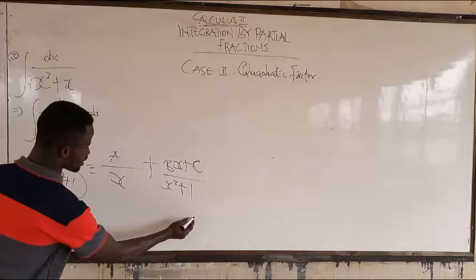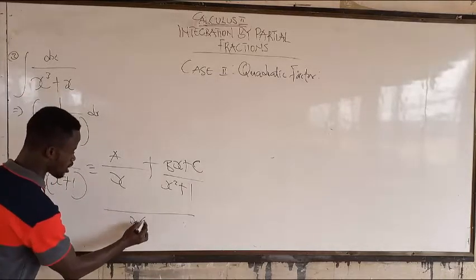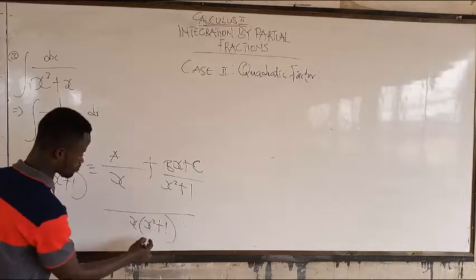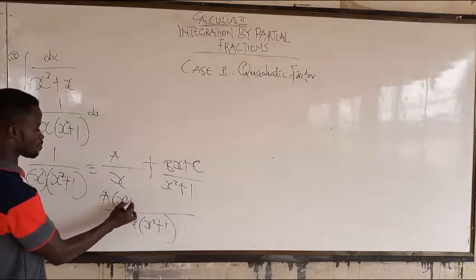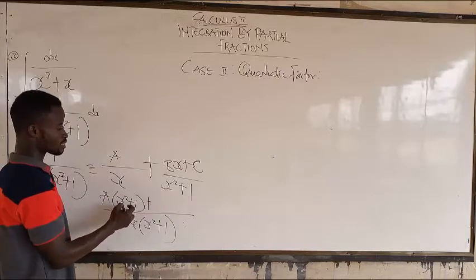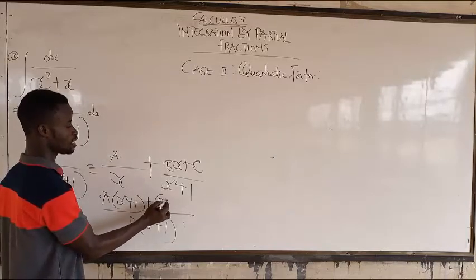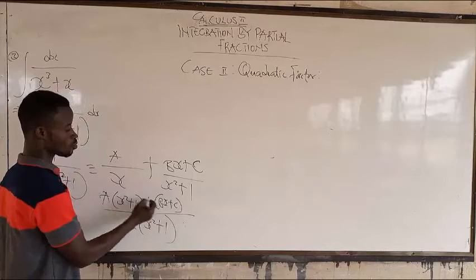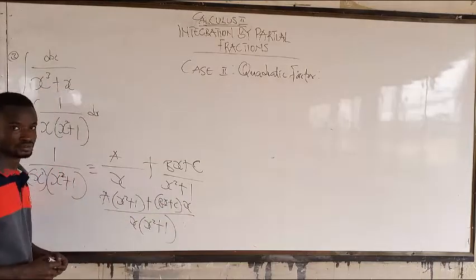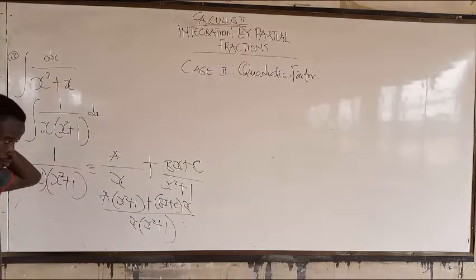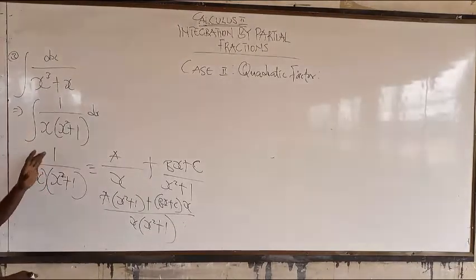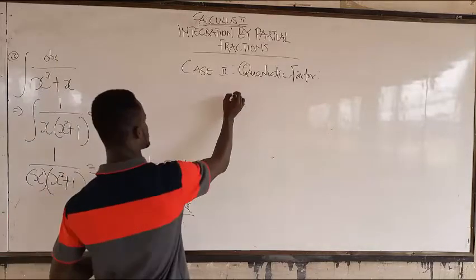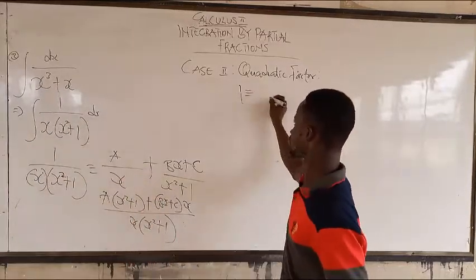Then we find the LCM, still on the algebra part. So the a will multiply s squared plus 1, plus bs plus c will multiply the s. To say this is identical to this, that means that we can equate the numerators.